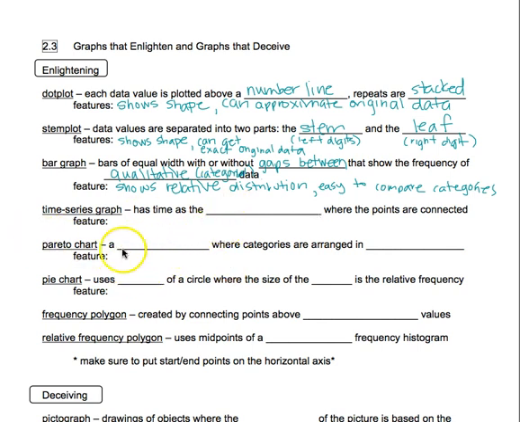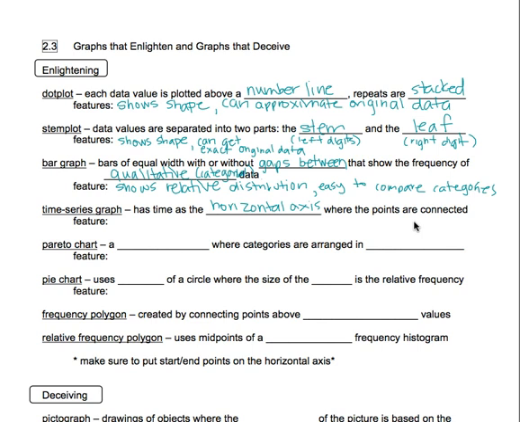Time series graph, I'm sure you've used in science class. These have time as your horizontal axis. And your points are connected. Now, when you connect the dots in a time series graph, it is actually connecting one dot to the next dot. A time series graph does not have a line of best fit.